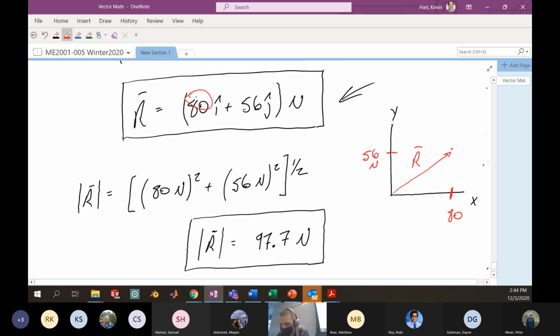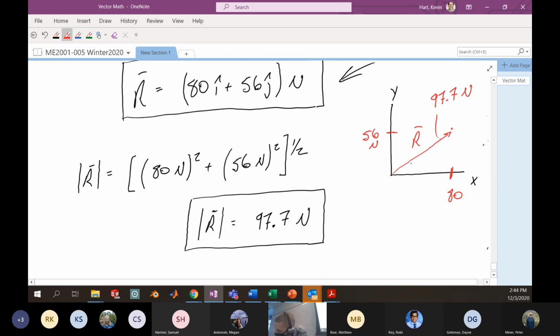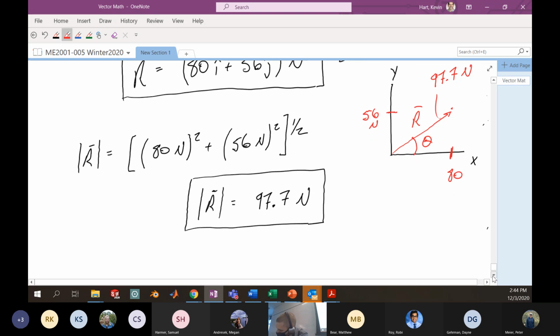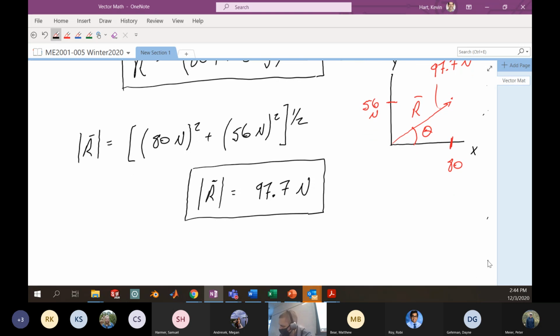Where I have 80 in the i direction, that's basically this portion. And I have 56 in the y direction, that's basically this portion. Right? And I know that the magnitude of this particular resultant is 97.7 newtons. If I wanted to know this angle here, I could determine that as well. Just use your trig.